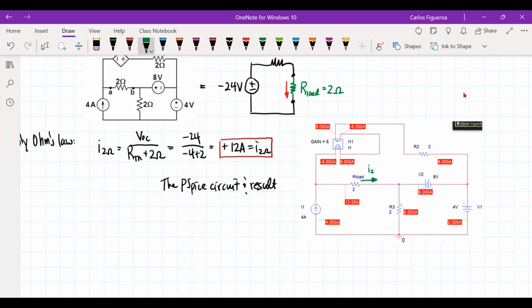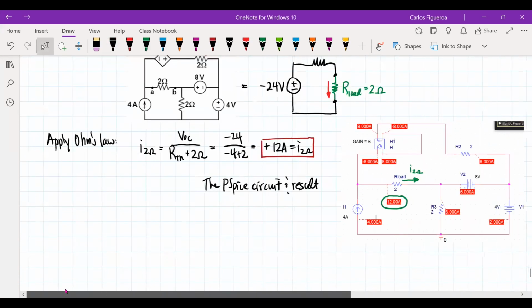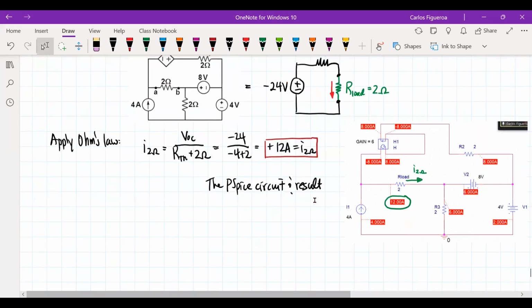That's I2 ohm. And look at this, 12 amps. So that is really telling me that that's the current.